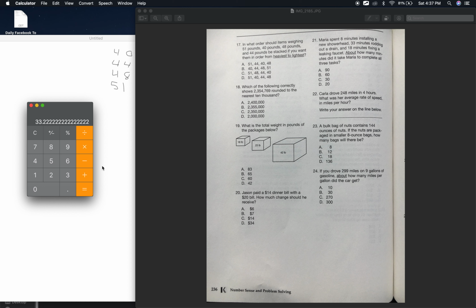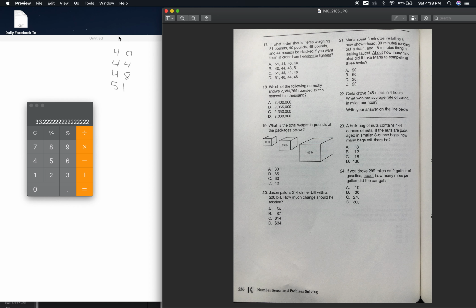Okay, so since we are rounding off, we know that the answer should be 30. Let me just verify that real quick. Okay, just doing a little math here. Yep, so that is the correct amount. 30. Let's see. We're done with that page.